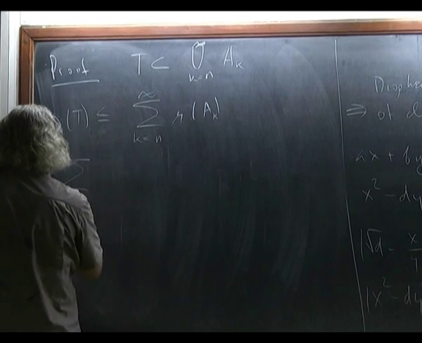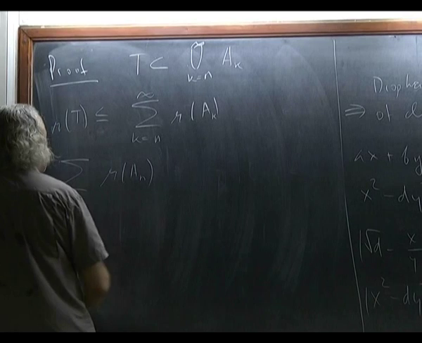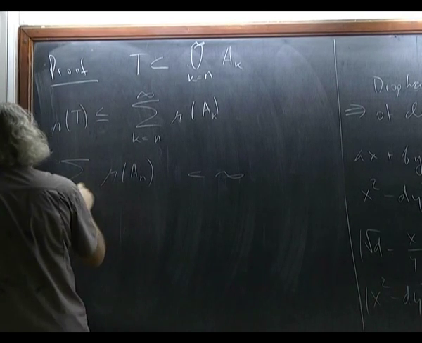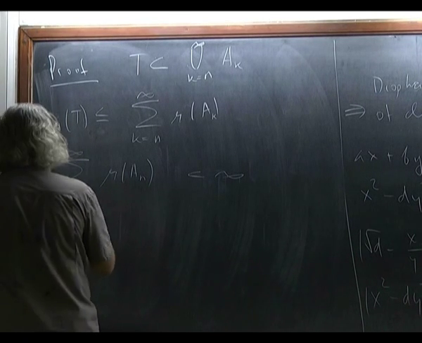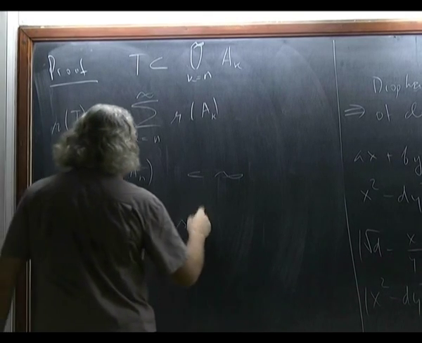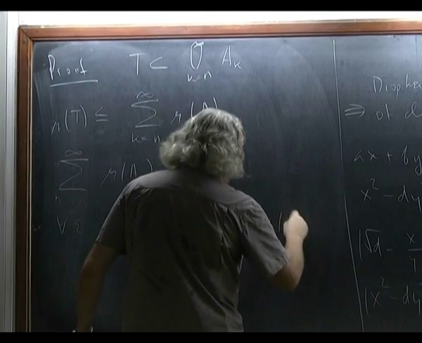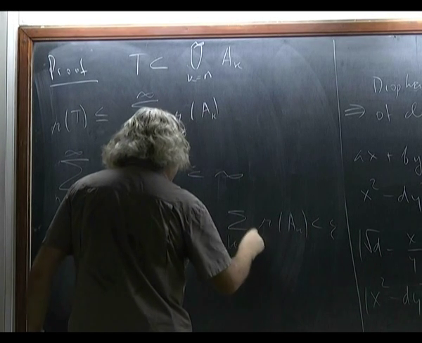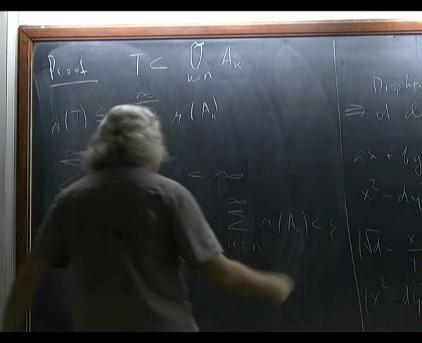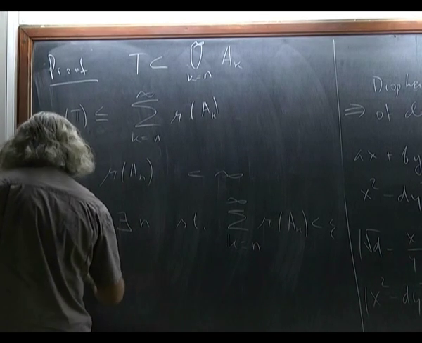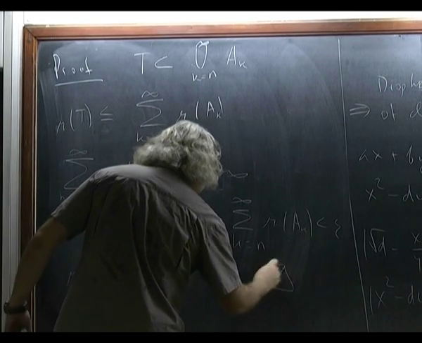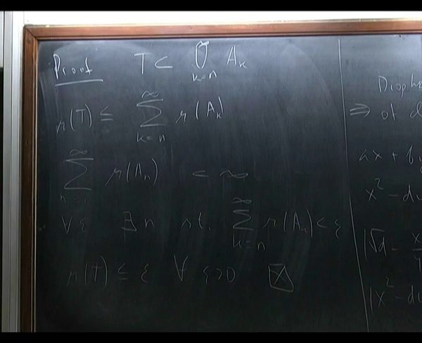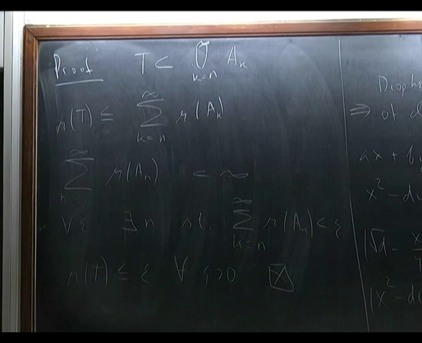But since the series converges, for every epsilon there exists n such that the sum is smaller than epsilon. And so we obtain that mu of T is smaller than epsilon for every epsilon. So it's very easy.